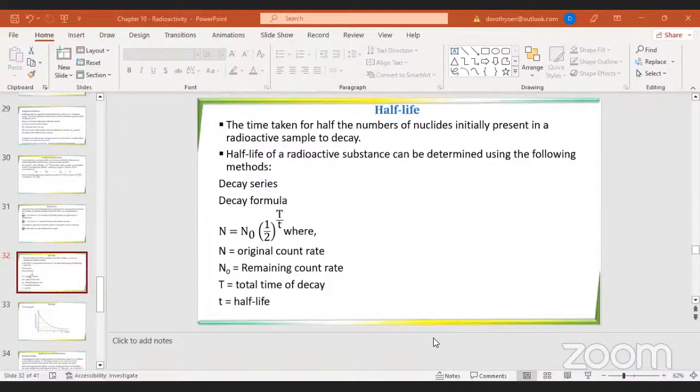The question: what fraction of the original sample would have decayed after 21 days?